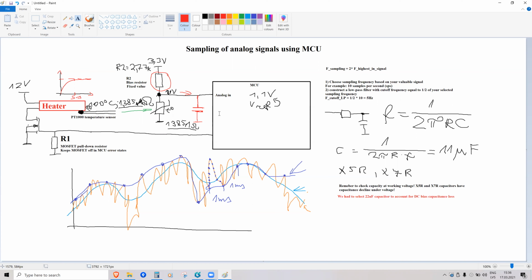And I will show you a little software trick, which is usually used to improve the analog signal filtering even more. And it is the following.